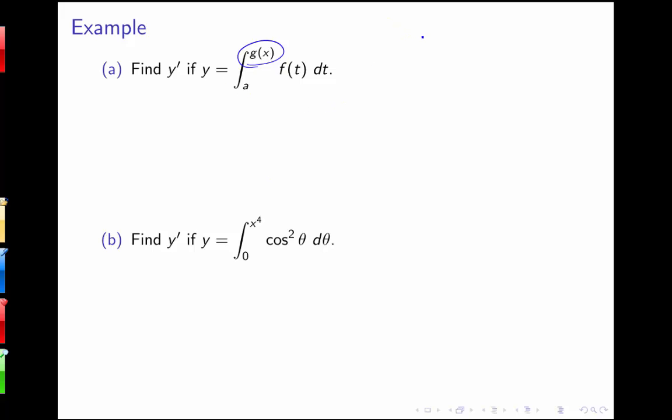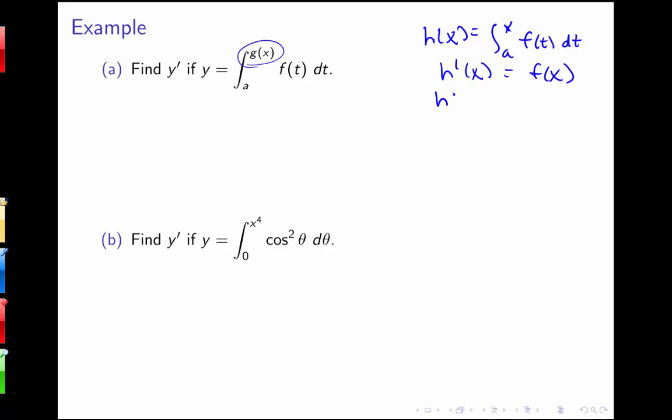There's a couple of notes that I want to make. Let's say that h of x is equal to the integral from a to x of f of t dt. This is the standard way of looking at it, except I'm just calling this h in this case. So I know that h prime of x would be equal to f of x.